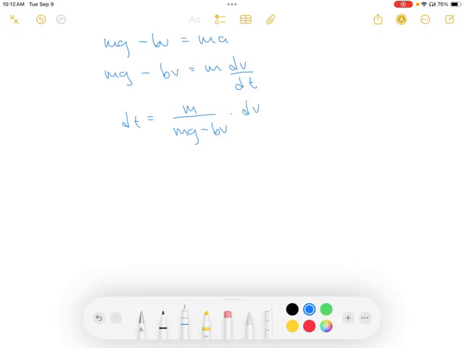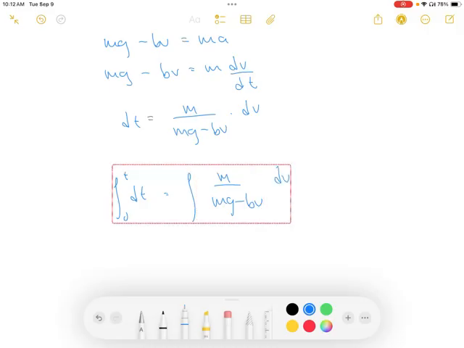And then we're going to integrate both sides of the equation to get rid of the differentials. So the integral of dt from 0 to t is going to be equal to the integral of m over mg minus bv dv, as we evaluate this from 0 to v.